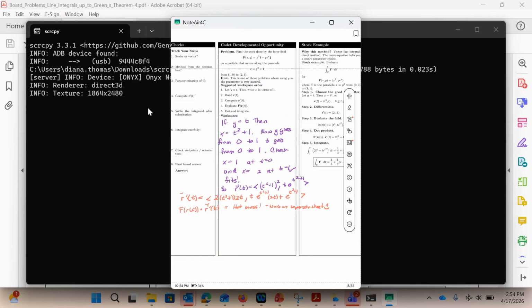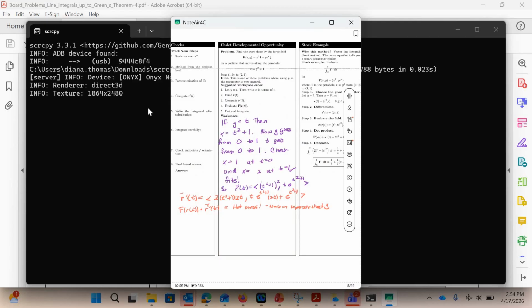Okay, so I just isolate those two coordinates, pull them off. Then I look and see if any letter is sitting by itself. Y is sitting by itself. Everything else is tied up in functions. So I set my t equal to y. That means my x is t squared plus 1. Now, I don't know where the start of t and the end of t is, but they told me that the y coordinate starts at 0 and the end y coordinate is 1.